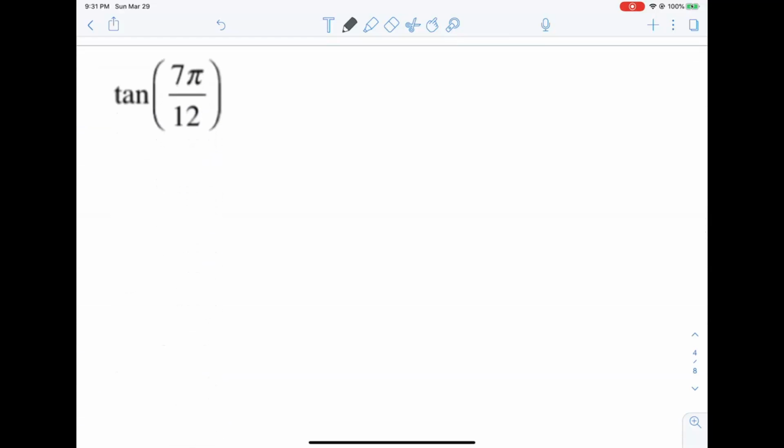Tangent of 7 pi over 12. Now there's many ways to do this problem. What do you think the best way would be to split up 7 pi over 12? Let's think about a couple ways to do this. Okay. Can we add 2 pi over 12s together so they wind up to be 7? Okay. All right.